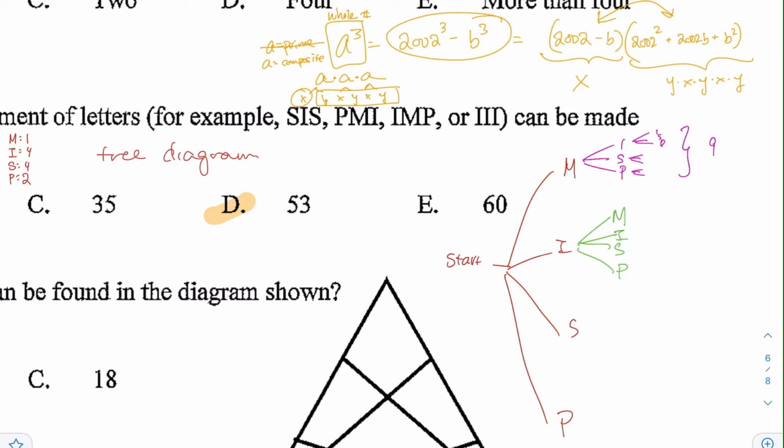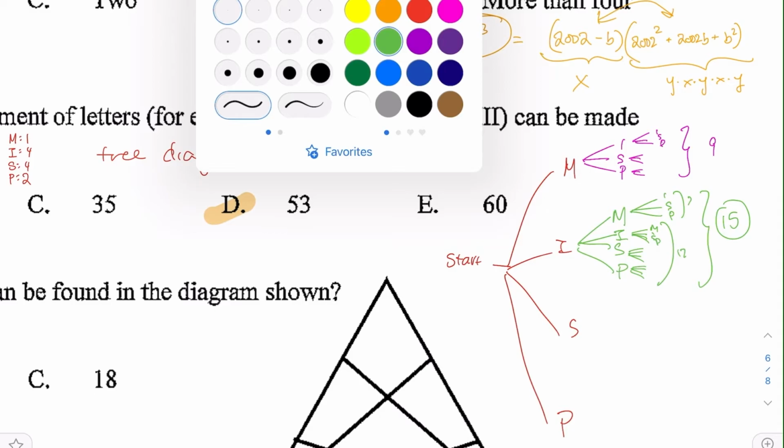And then if you choose M, you can't choose M again. So for this M branch, you only have I, S, or P left. But if you have I and then another I, you have another 4 branches, M, I, S, P. And same for the S's and same for the P's. So you have 12 here plus another 3, or 15 branches if you choose I first.